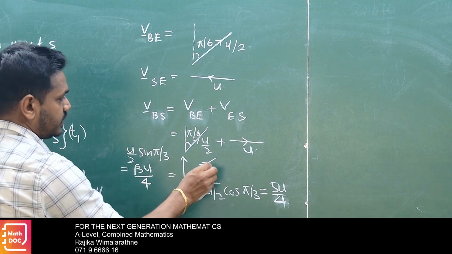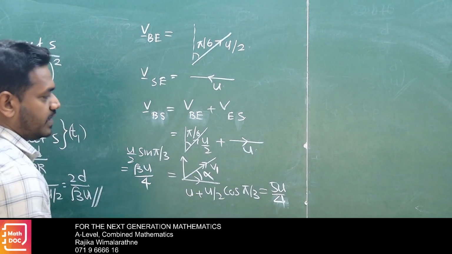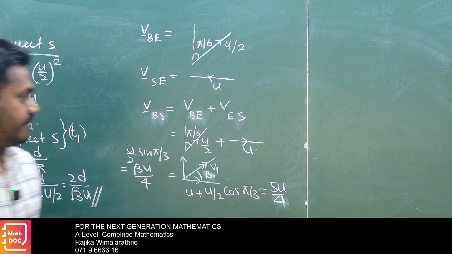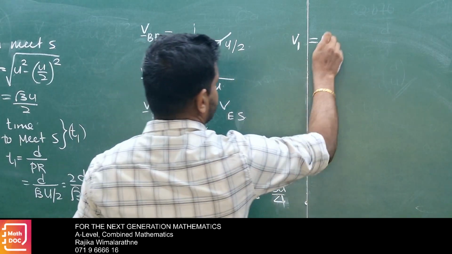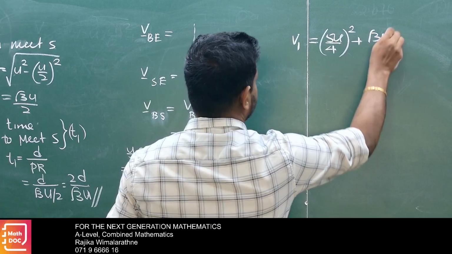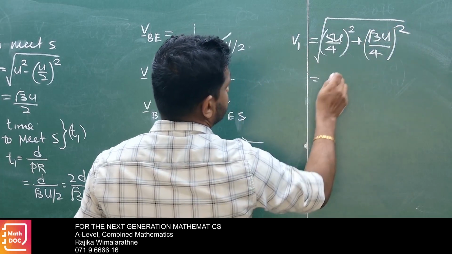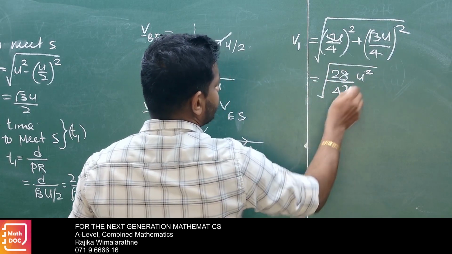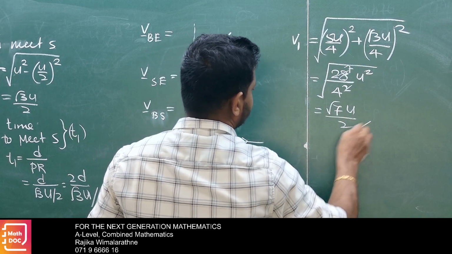Then we can find the V1 value and an angle. Let's say angle beta, that is the relative velocity. Then for V1, apply Pythagoras theorem: (5u over 4) squared plus (root 3 u over 4) squared, which gives 28u squared over 16, so root 7 u divided by 2.